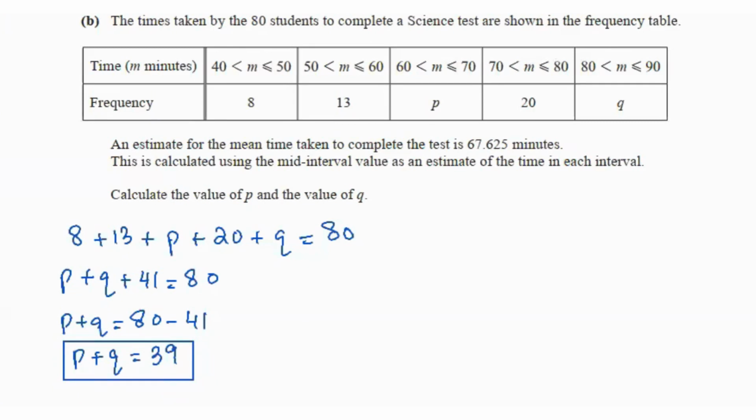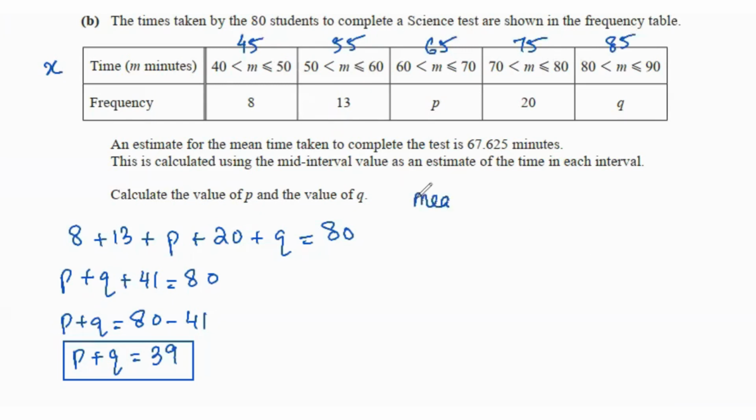The next equation we're going to make is using the mean value. So mean is going to be the sum of the product of f and x value, divided by the total frequency. So x is going to be the mid value of each of these ranges. So 40 and 50 have a mid value of 45, 55 over here, 65 over here, 75 over here, and 85 over here.